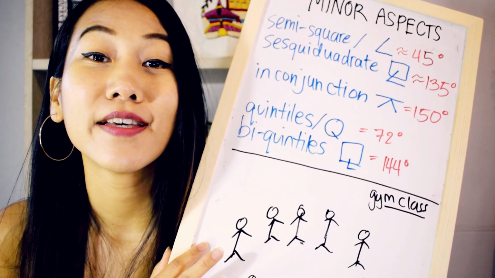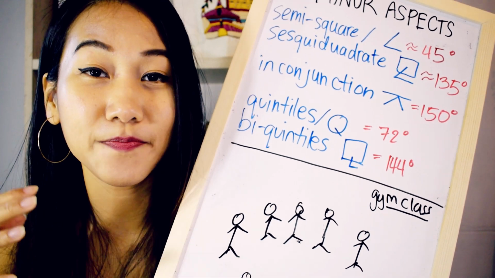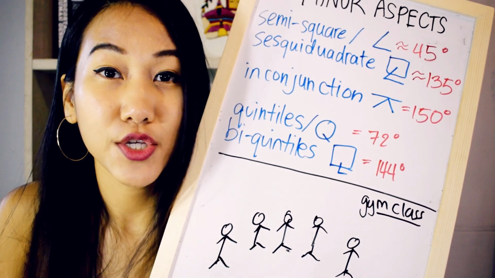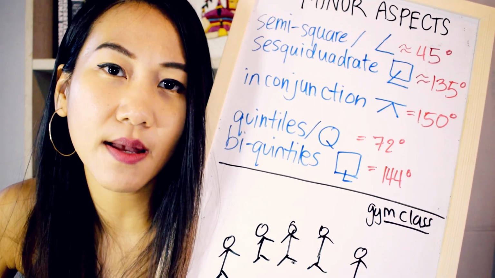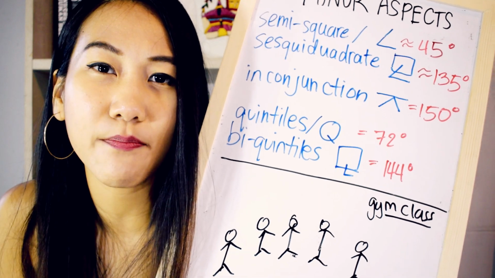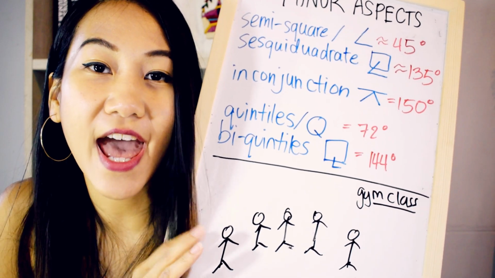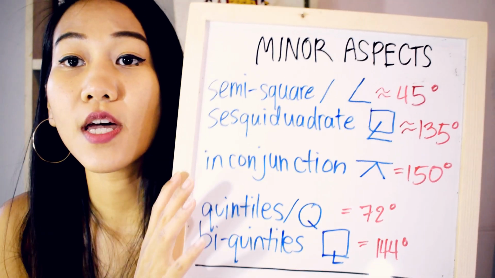We can't just sit around and keep doing what the teacher's telling us to do. So then they take action. External events will push something within our unconscious that allows us to release the pent-up energies that we have with the semi-square and the sesquiquadrate.